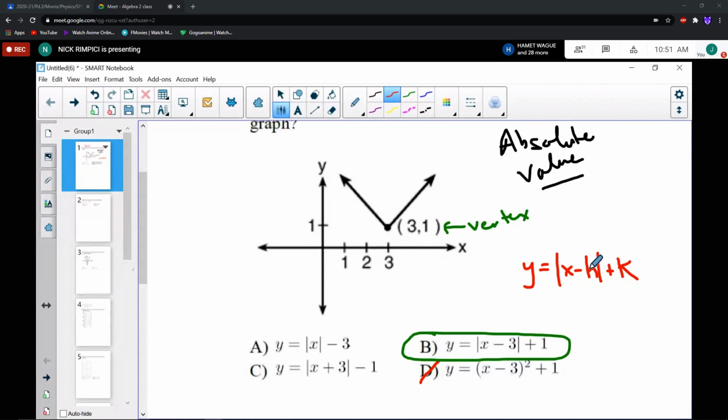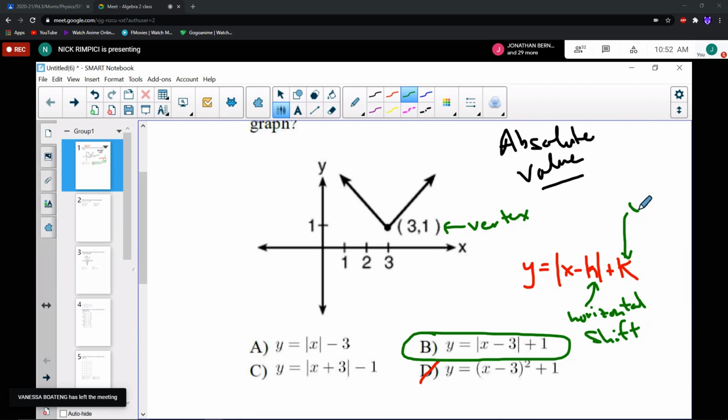And we learned that this value here, the one inside next to the x, is the horizontal shift. And this one here is the vertical shift.